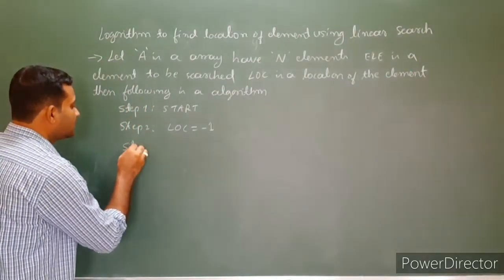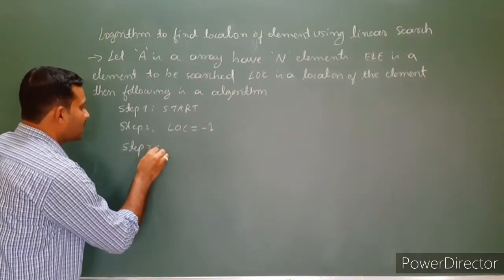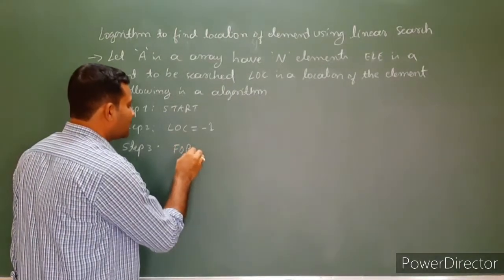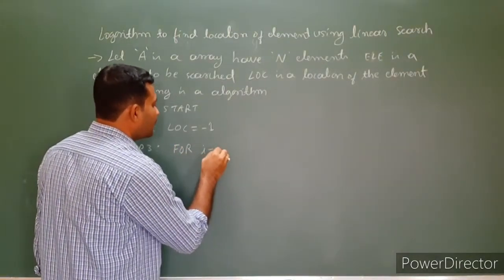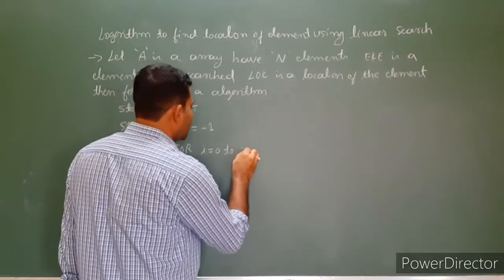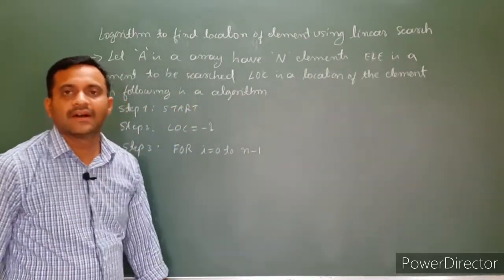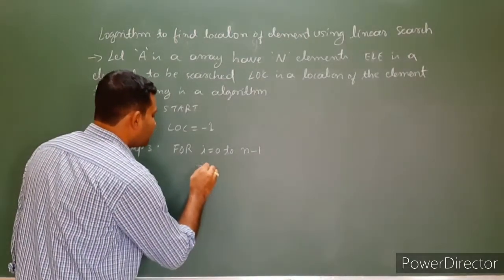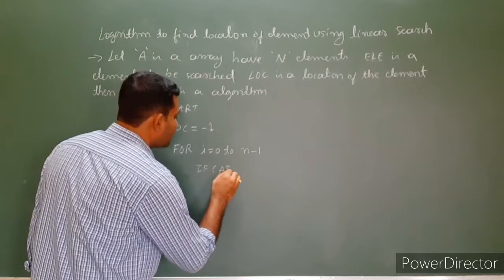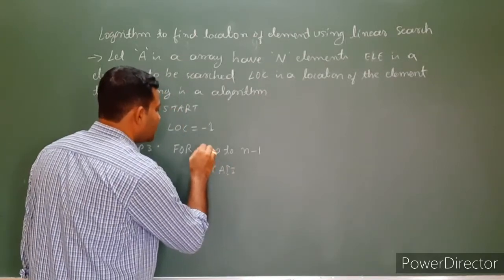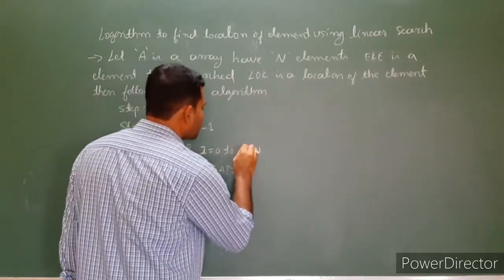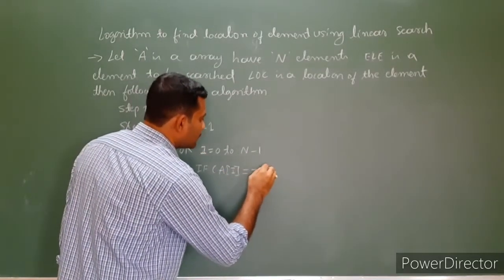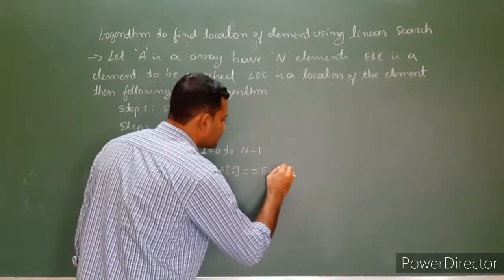In step 3, we have to access an element, that is, for I equals 0 to n-1. After that, if A of I, where n is capital, n-1, is equal to the searching element ELE.